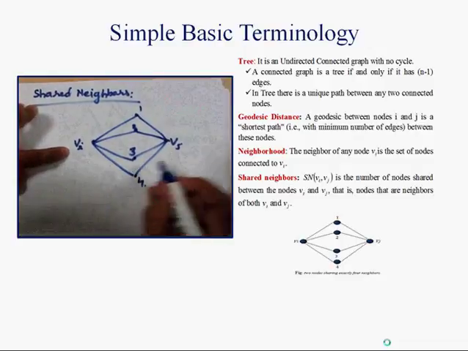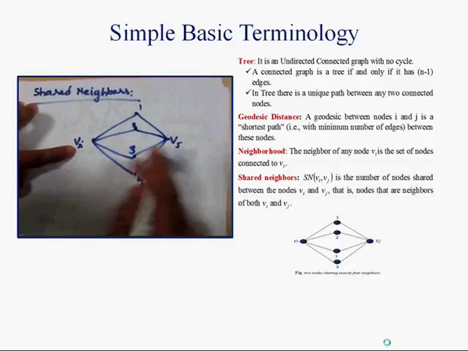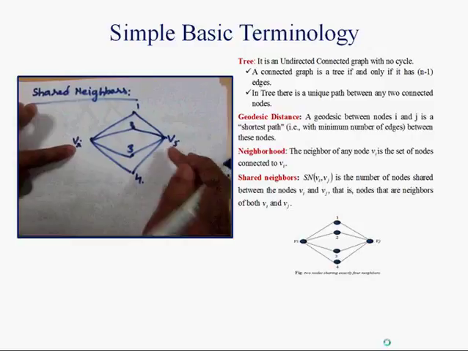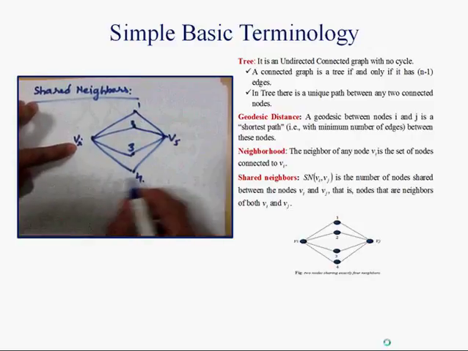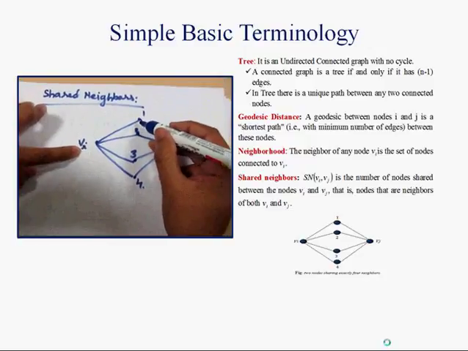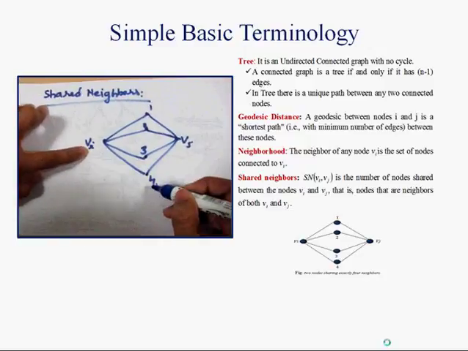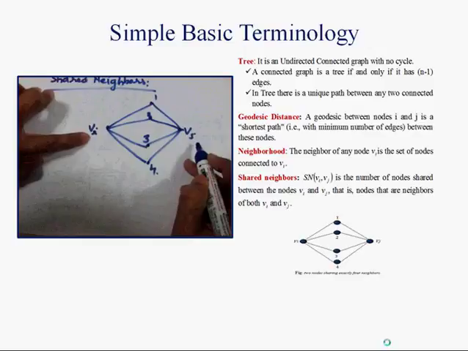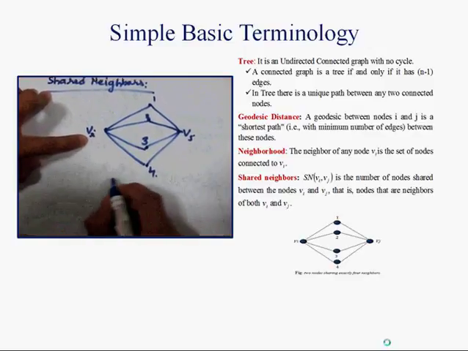That is, the nodes which are neighbors to both Vi and Vj. Here, exactly 4 nodes are shared by Vi and Vj. So its shared neighbor count will be 4.